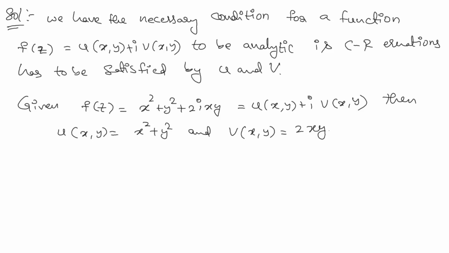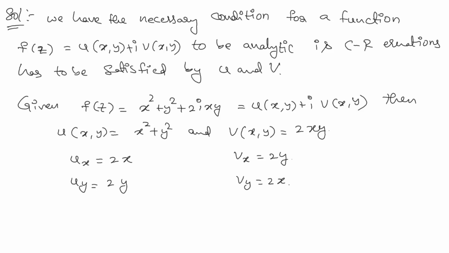Cauchy-Riemann equations are nothing but conditions on the partial derivatives ux, uy, vx, vy, which we'll see in a moment. So from this real part, you have ux as 2x, and vx as 2y, and uy equal to 2y, and vy equal to 2x.